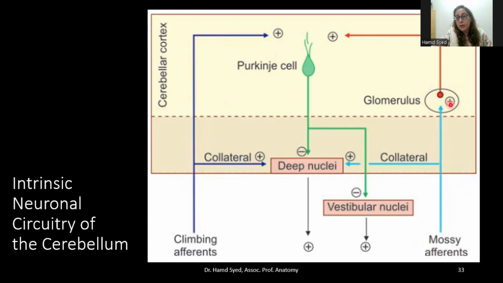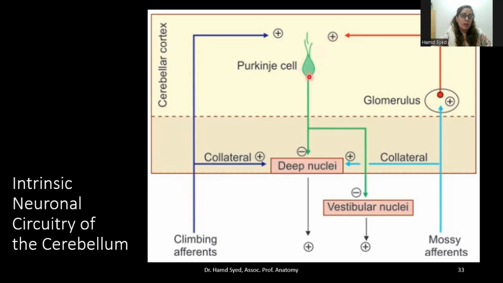And you can see, again, plus indicates that the input is excitatory. And these granule cells have processes, which are the axons, which then enter the molecular layer and form their connections with the dendrites of Purkinje cells, which is still the excitatory sort of connection.